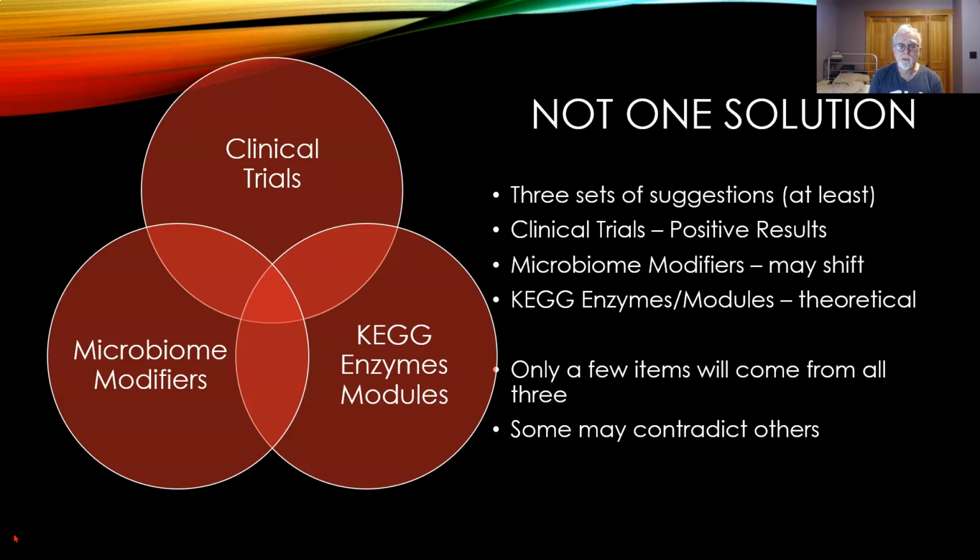The other problem is sometimes these items will contradict each other. Not unexpected, because each is looking at it in a different way. The clinical trial may say such and such helps. But remember, such and such may have only 6% of the people, 40% it doesn't help.